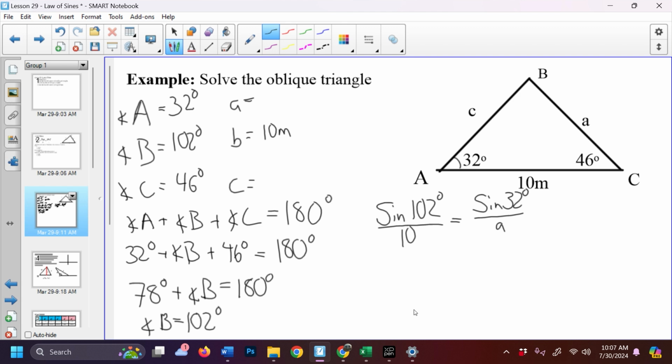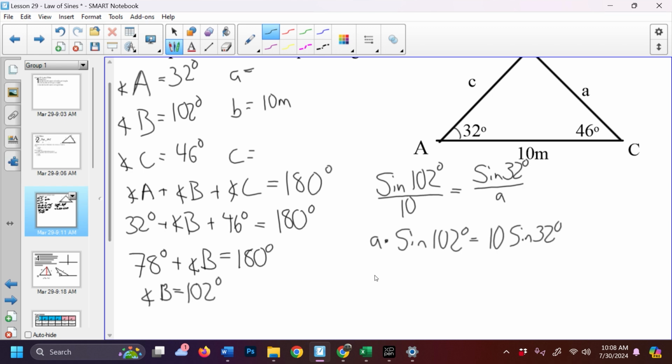Since this is a proportion and we can calculate the sine of 102 and the sine of 32, we can cross multiply and divide. And so if I cross multiply, I'll have a times the sine of 102 degrees is equal to 10 times the sine of 32 degrees.